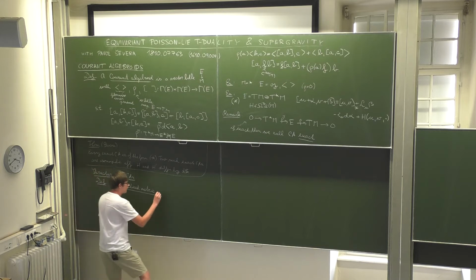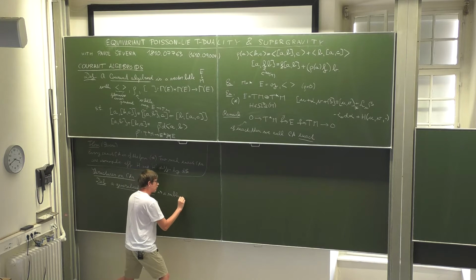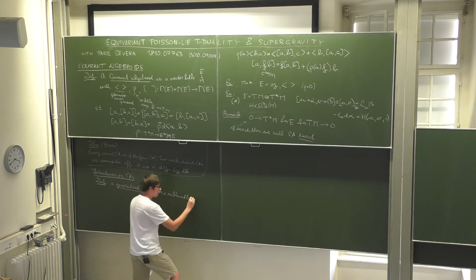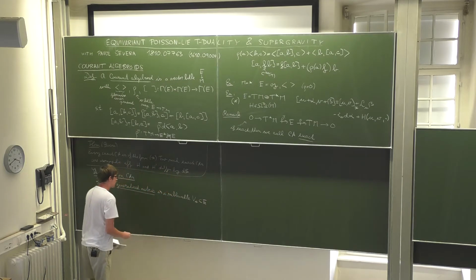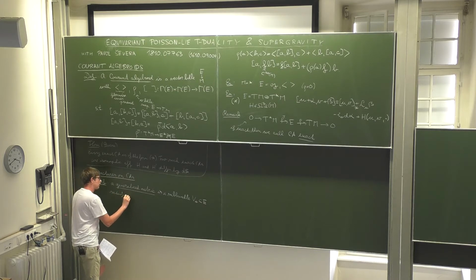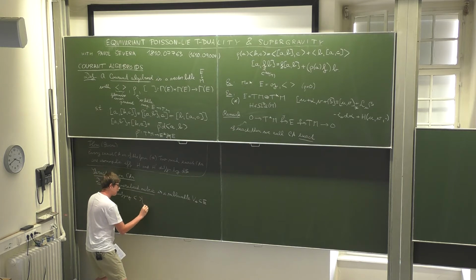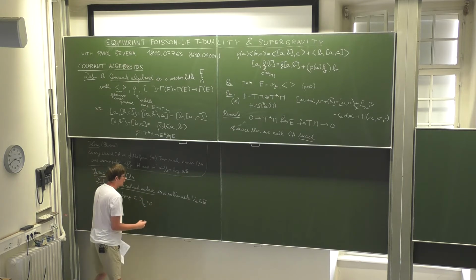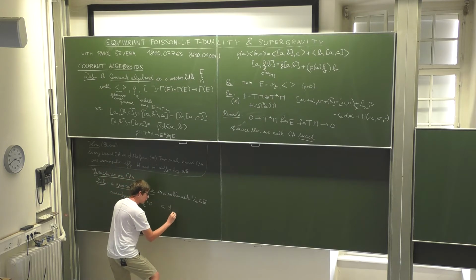Okay, so a generalized metric is a subbundle. There are some equivalent formulations, but for us the best one is to say that this is a subbundle of the Courant algebroid, which satisfies the property that if we restrict the inner product to V+, then it is positive definite, and on the complement the pairing is negative definite.